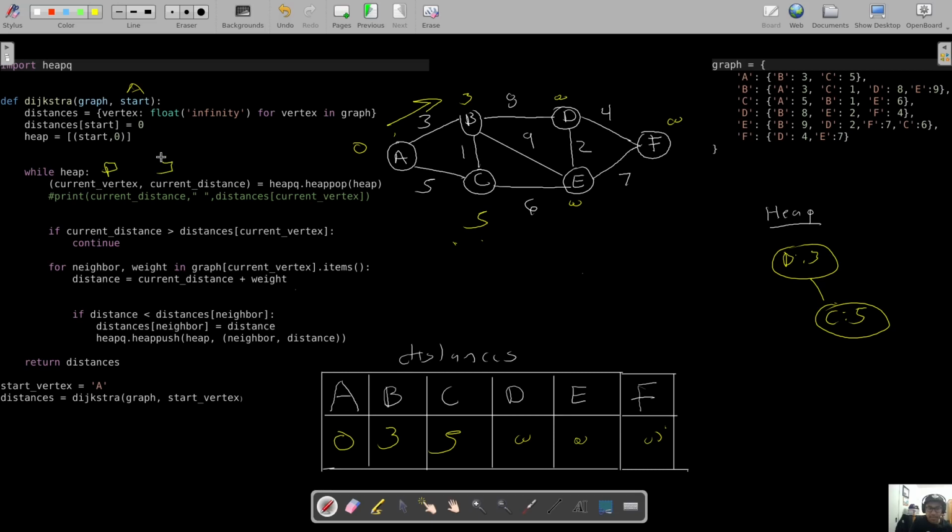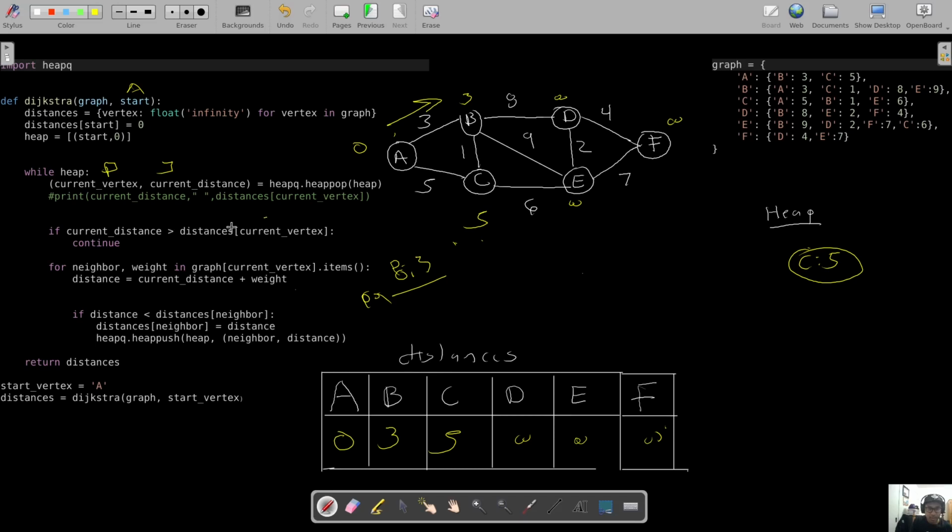So B's distance is 3. Okay. And then I'm just going to move this over here. Okay. B is popped, and B is 3. All right. So we check here.